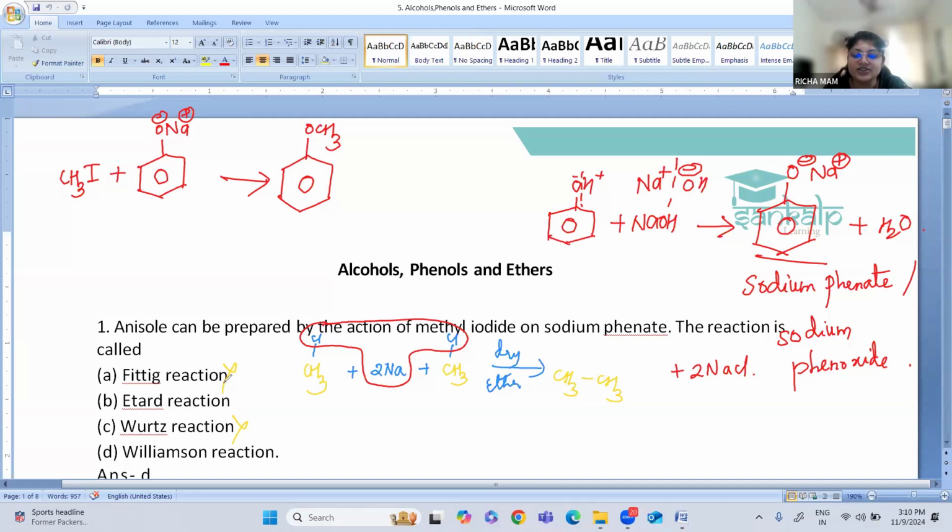Now what is Etard reaction? Toluene reacting with chromyl chloride. Very good.